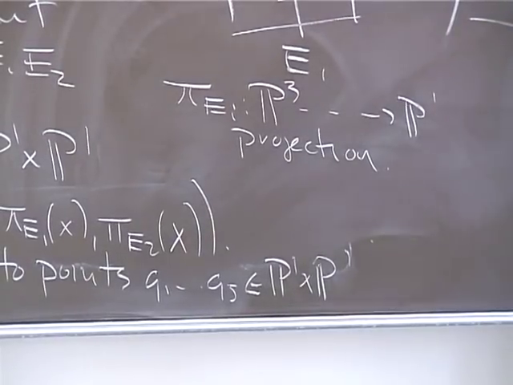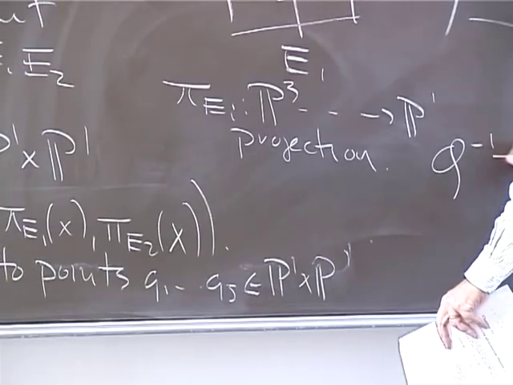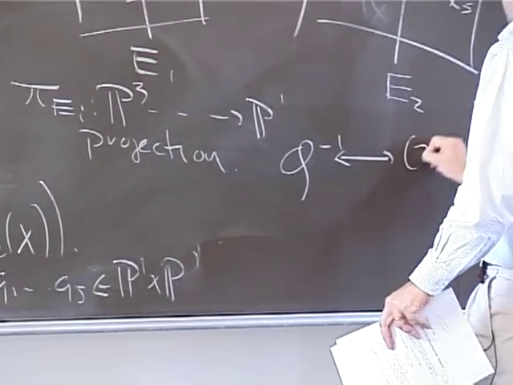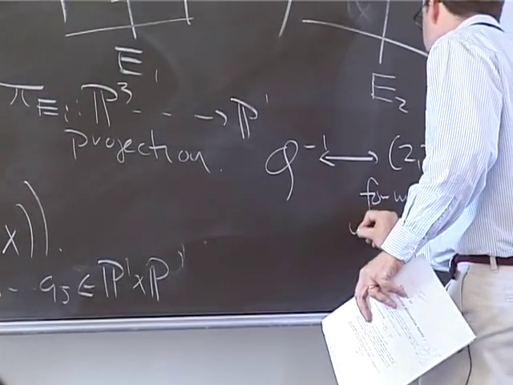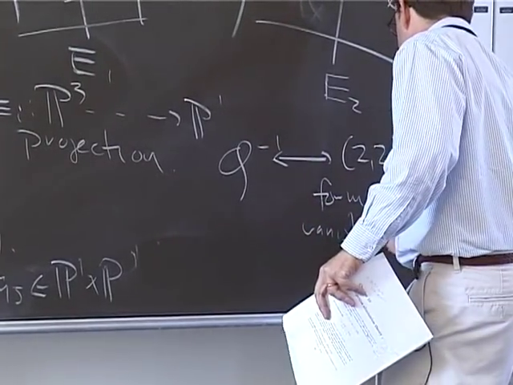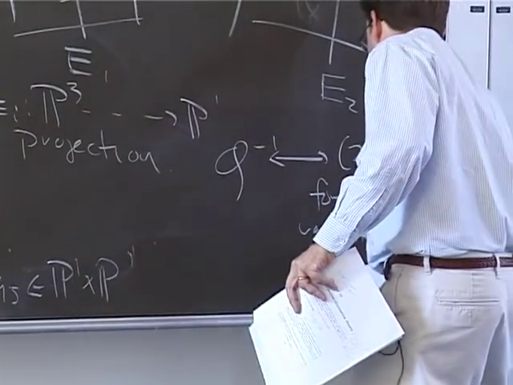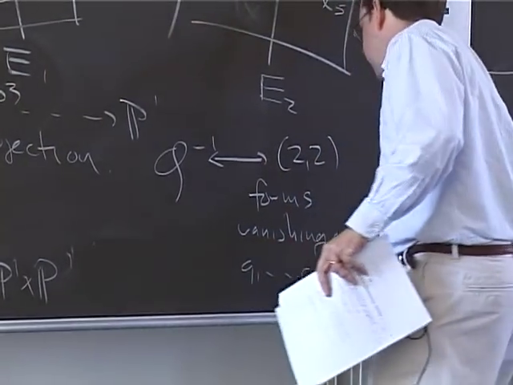I can describe the inverse. The inverse corresponds to the type 2-2 forms vanishing at Q1 through Q5.